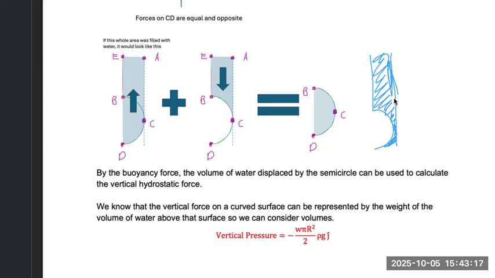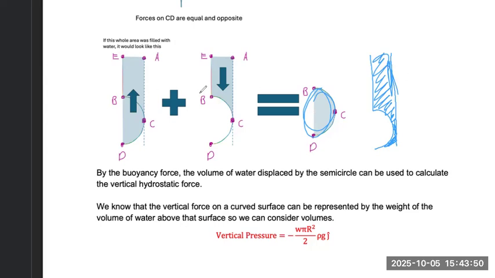And basically, this weight of water above that surface is equal to the weight of water inside this semicircular volume because of how the forces actually balance each other.